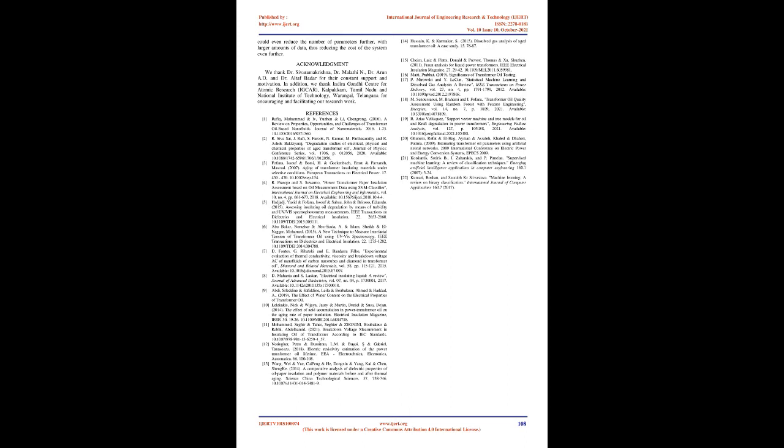Decision trees, DT, 85.714%. 7. Random forest, RF, 85.714%. 8. Artificial neural networks, ANN, 57.142%.